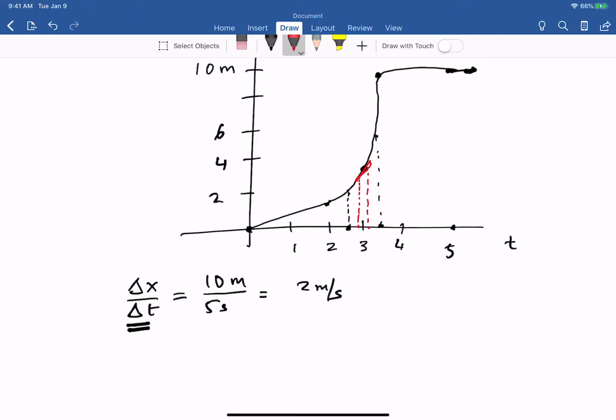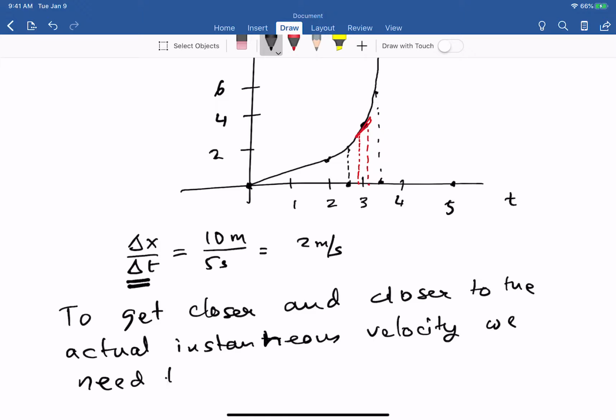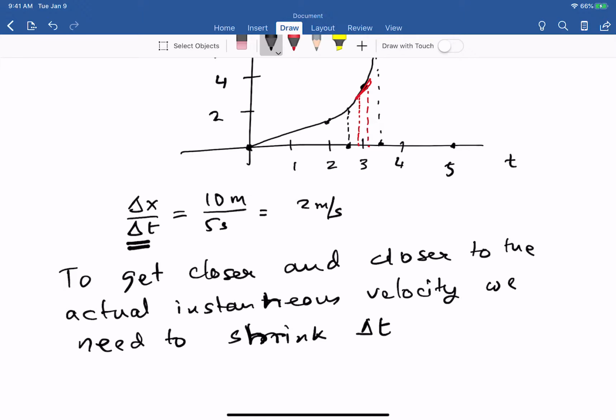So to get closer and closer to the actual instantaneous velocity, we need to shrink delta t, the interval delta t, as much as possible.